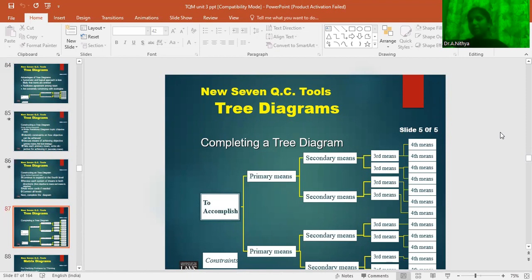Again from primary means we have secondary, then from secondary to third, then third to fourth. This is how the diagram is drawn. So the complete range will be there, using step tasks in order to achieve goals.